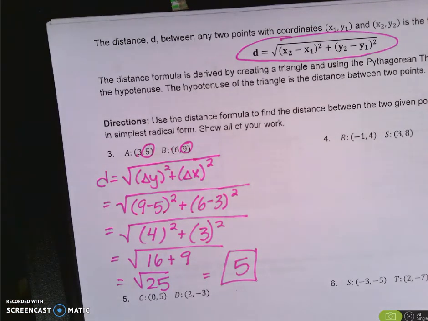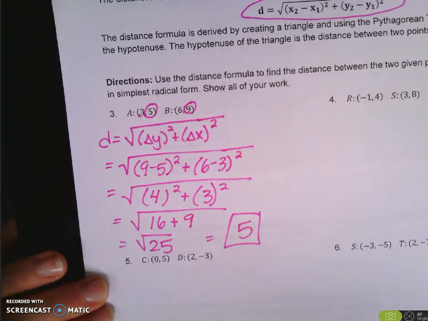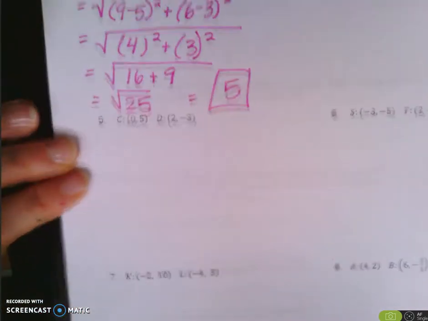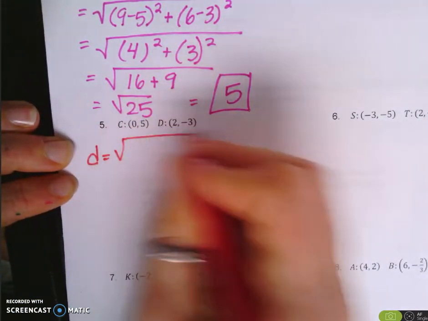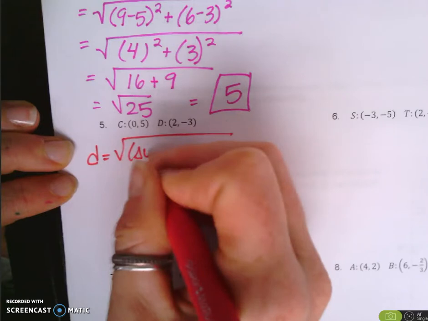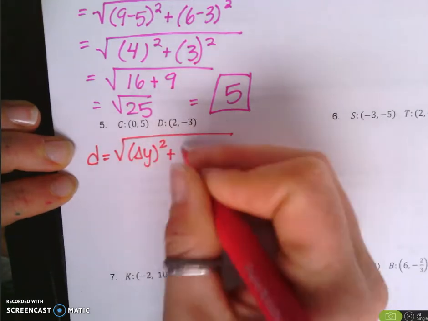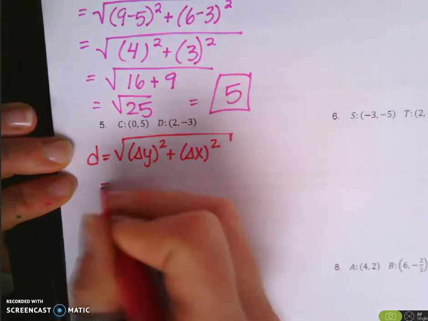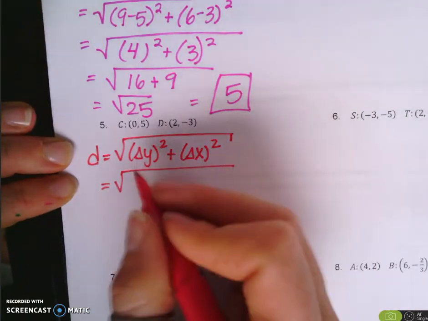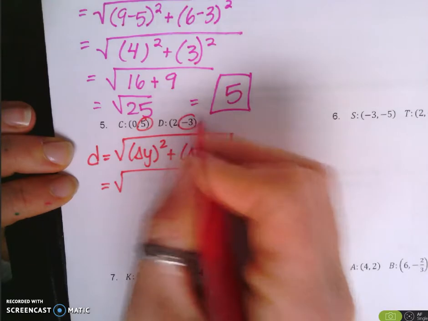I'll do one more with you. I'll do 5 with you. So taking a look at 5, again, I'm going to write my formula. The distance between any 2 points is the square root of the change in y squared plus the change in x squared. So taking a look here, circle my y's just to make it easier.